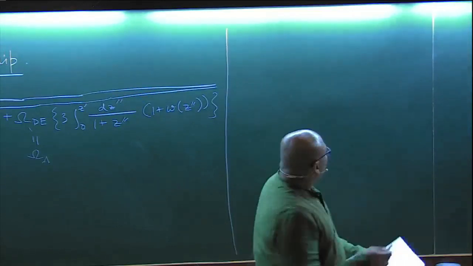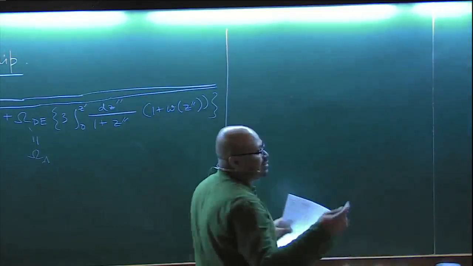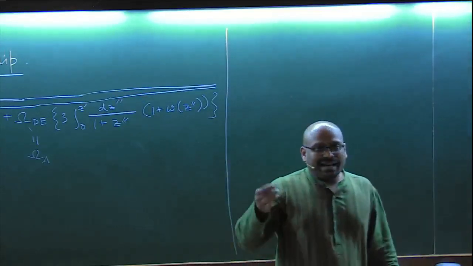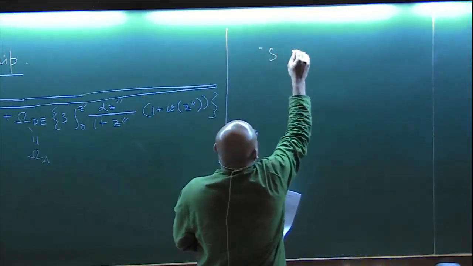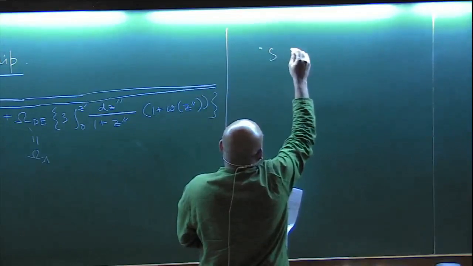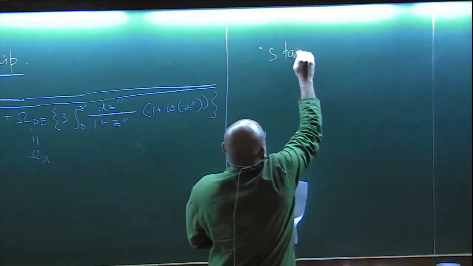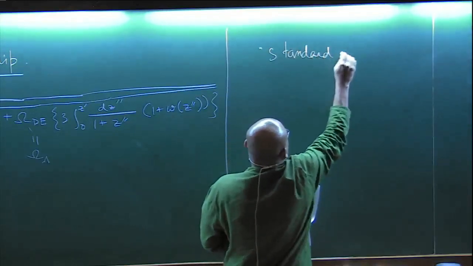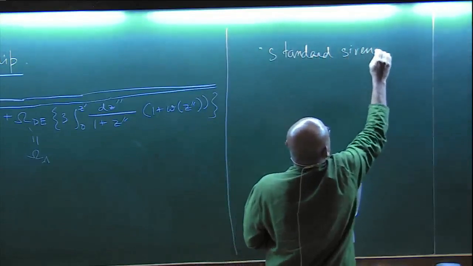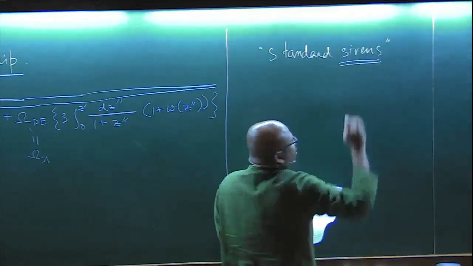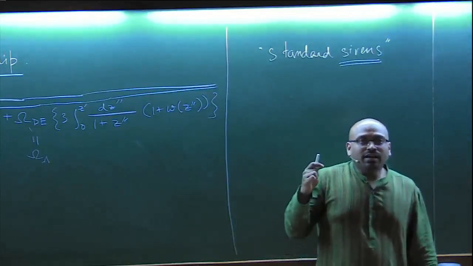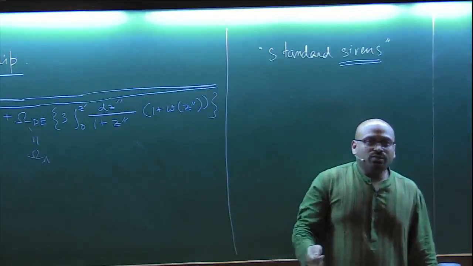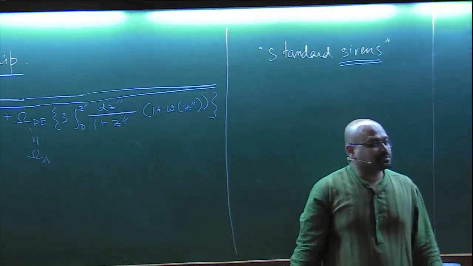So one just took the word standard candle and replaced the candle with a sound analog of candle, and we call these gravitational wave sources, the CBCs, standard sirens, because they give a direct estimate of the luminosity distance to the source. Good.